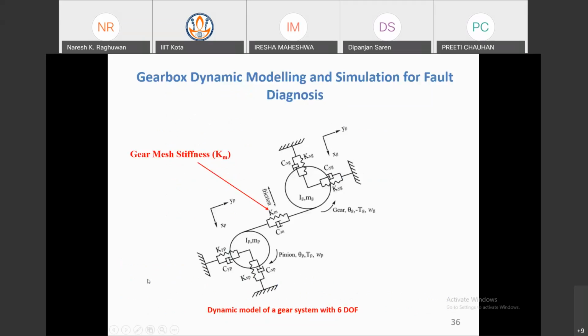If you put a constant value, then the whole thing is very easy. Just write the differential equations and solve them by the Runge-Kutta method or whatever numerical method, and find out the displacement in a particular direction, in the y direction or in the x direction. Then you have a vibration signal, and you apply some signal processing techniques.